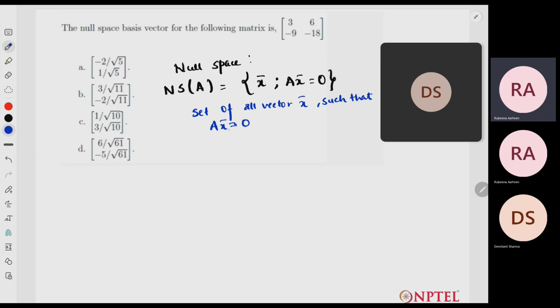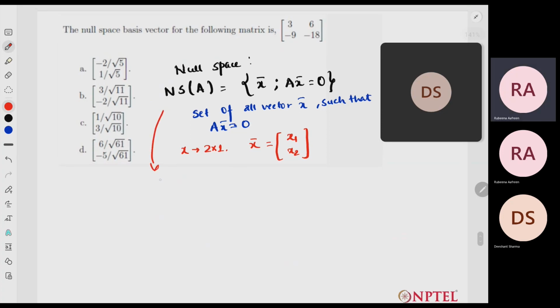Now is null space unique? No. So here, as we see, this A matrix is 2 by 2. So the x would be a 2 by 1 vector. So we take x as x1 and x2. Now, according to the definition of null space, we should have A times x equal to 0.